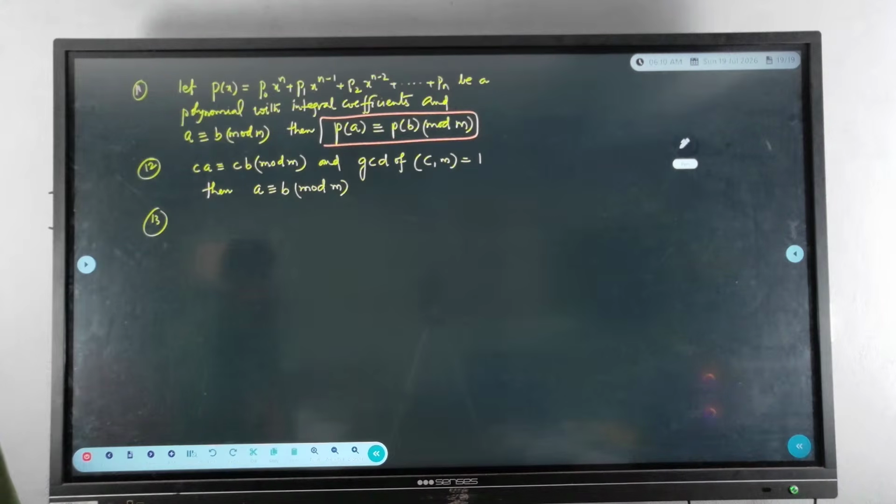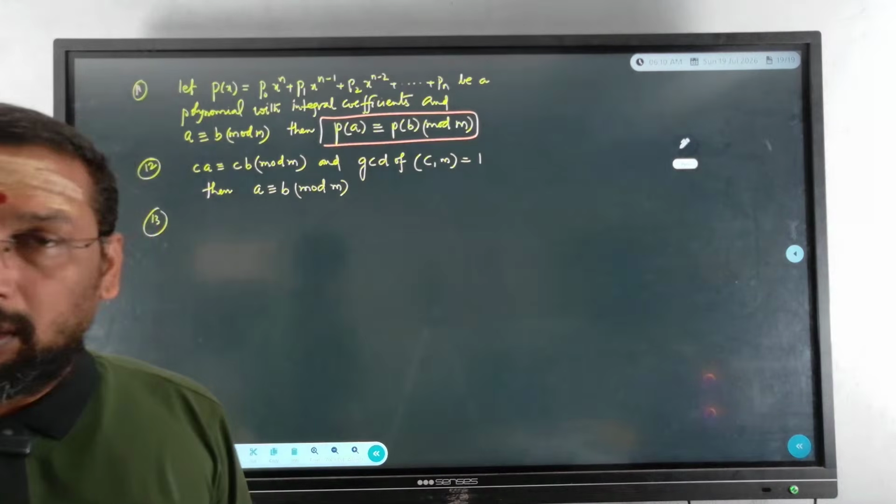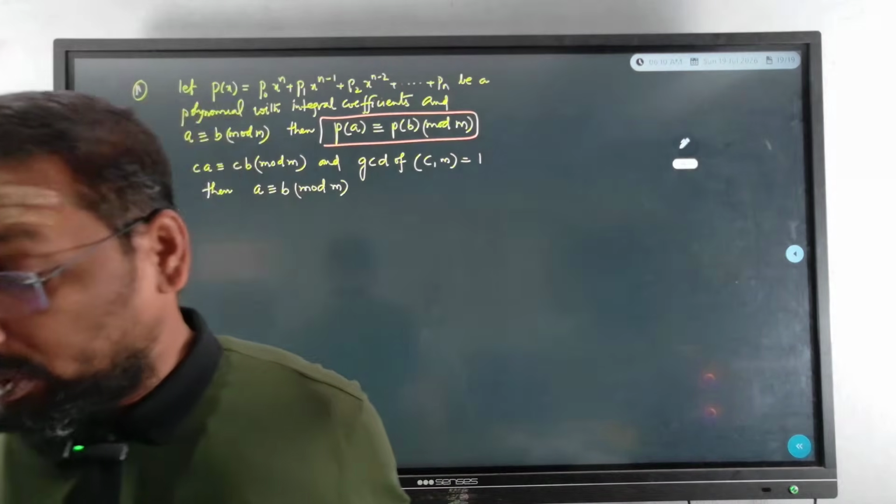So these are some important and basic properties of congruencies.